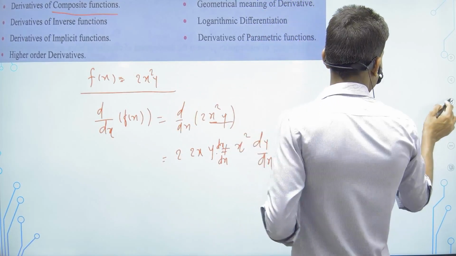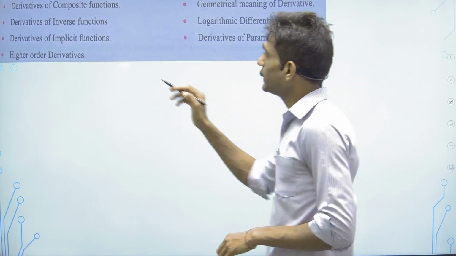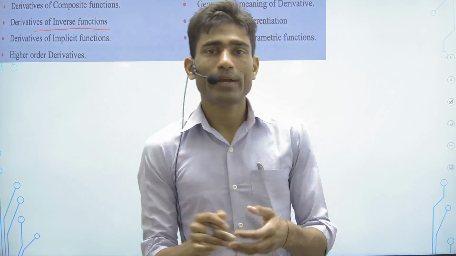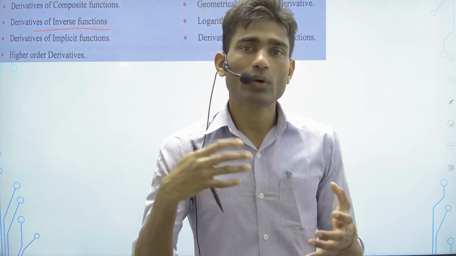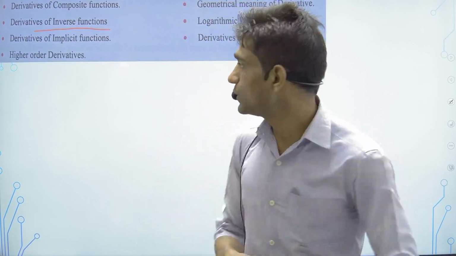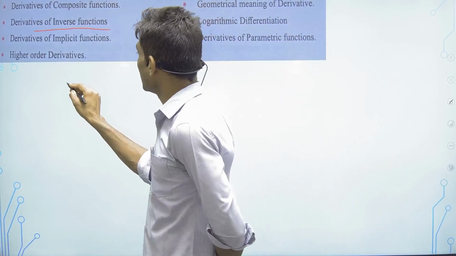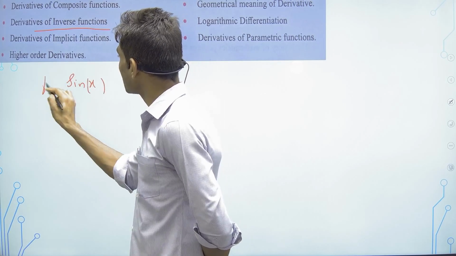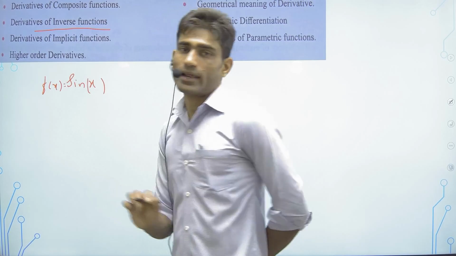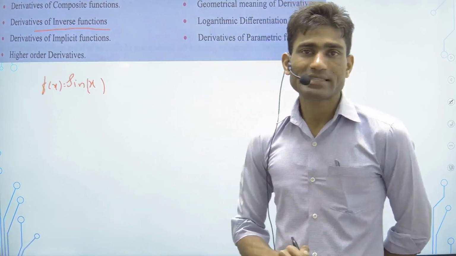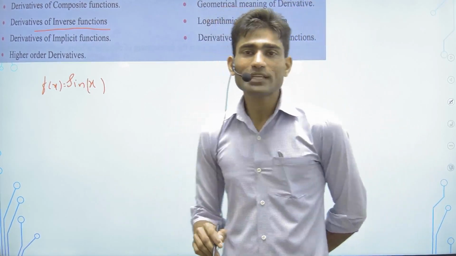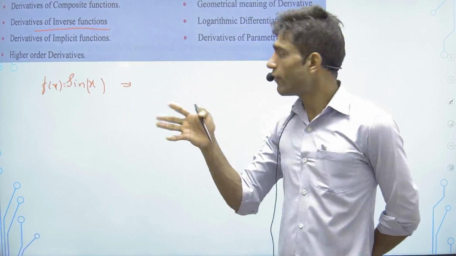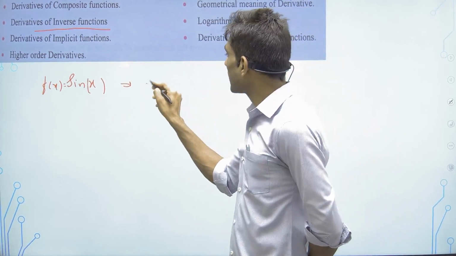Now let's go to the inverse function. You all need to understand the derivative of an inverse function. What is meant by inverse function? Whenever we get the inverse image of any function. For example, if we have the function sin x, I consider f of x as sin x, and its inverse function is given by f of x equal to sine inverse of x.